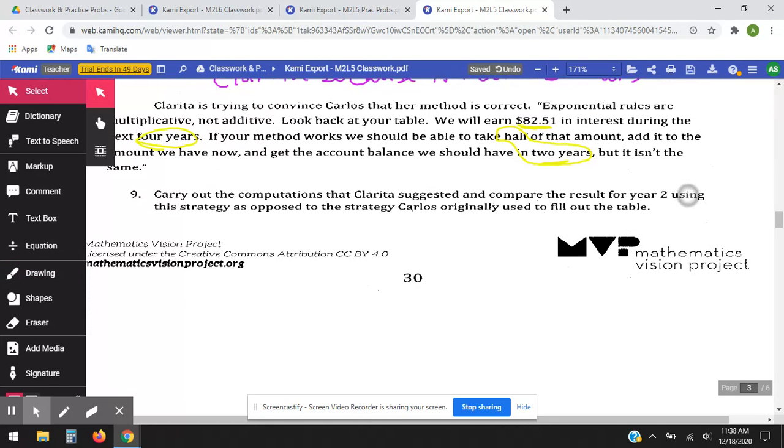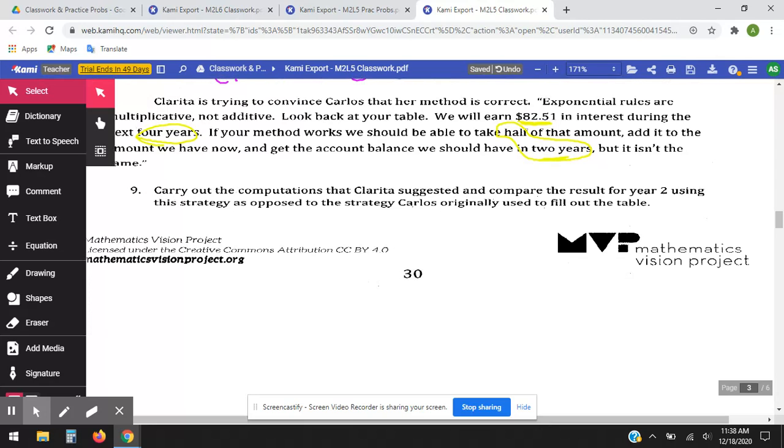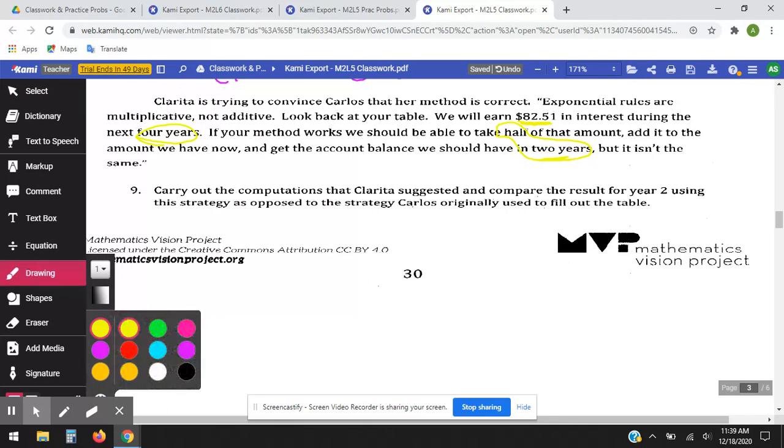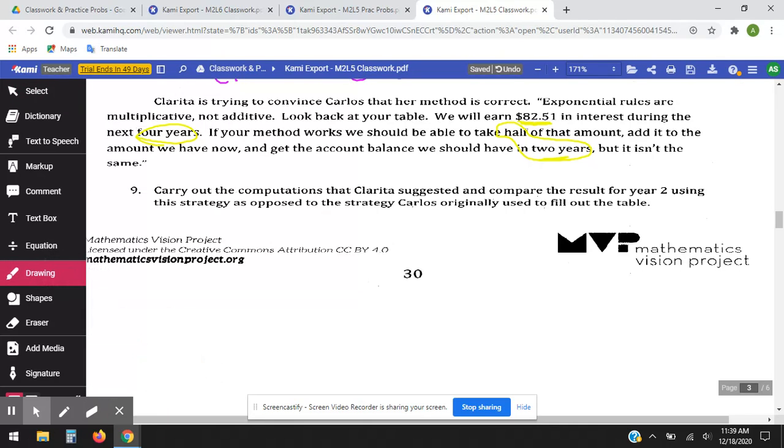So let's work through Carlos's idea. This is what Carlos is saying: 82.51 divided by 2 would be 41.26.